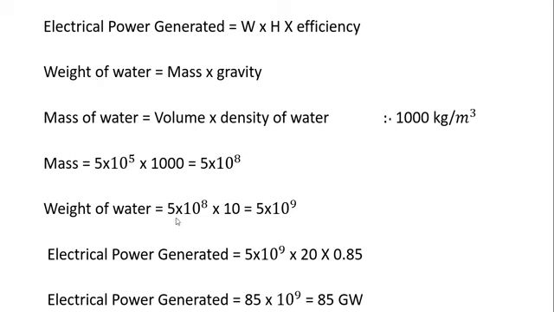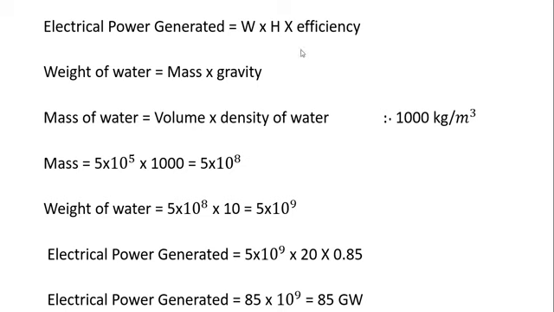So we are considering here 5 into 10 raised to the power 8 multiplied by 10. We can also take its exact value 9.81 if we are concerned with more exact analysis, but although we take it as 10, here we have found weight of water.